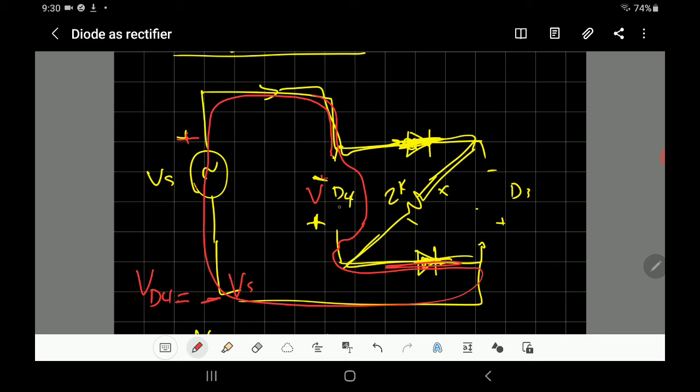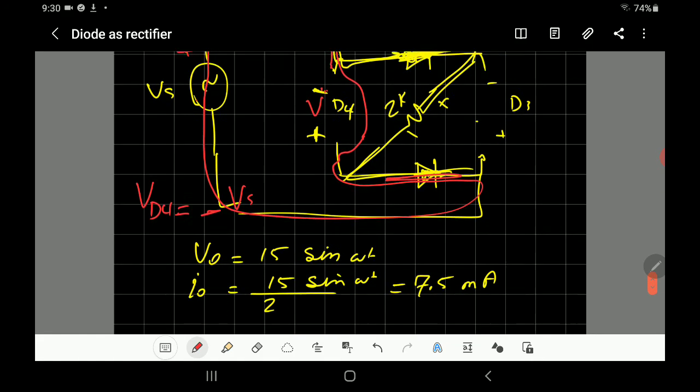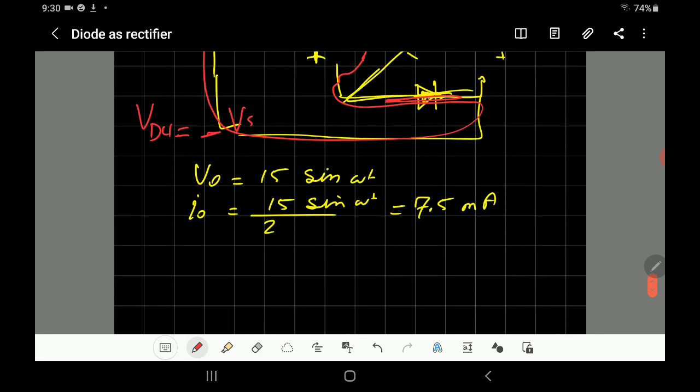And so the maximum voltage across this diode will be 15 volt. That's important to know, the PIV is 15. So I know now that the voltage across any diode when it's off is equal to the voltage of the supply, so the maximum will be equal to Vs maximum, which is 15 in the reverse bias.